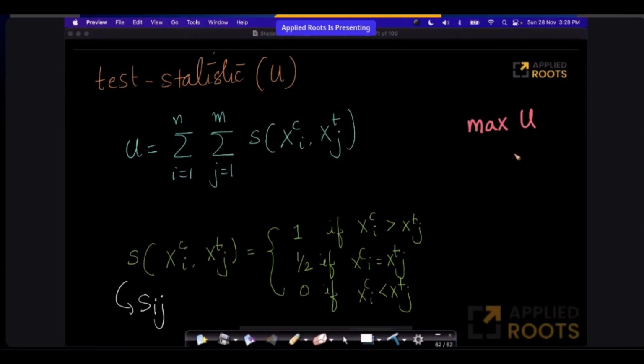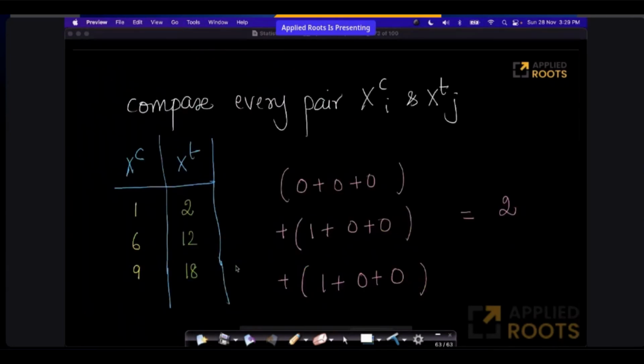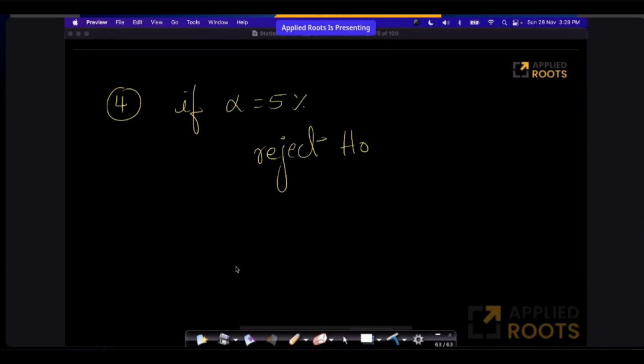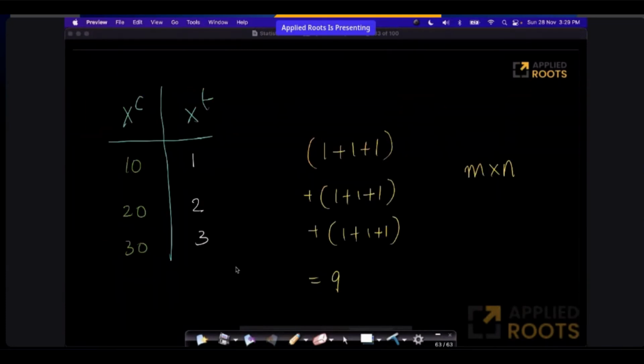I think some of you are confused or you are sleepy. I think some of you got it, some of you are a little confused with it. It's actually very simple. Think about this. If you have XC and XT, if all the values of XC are greater than values in XT, just a simple example like this: this is greater than this, so you get 1.